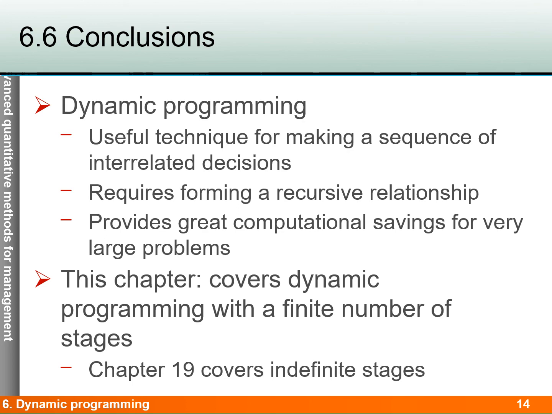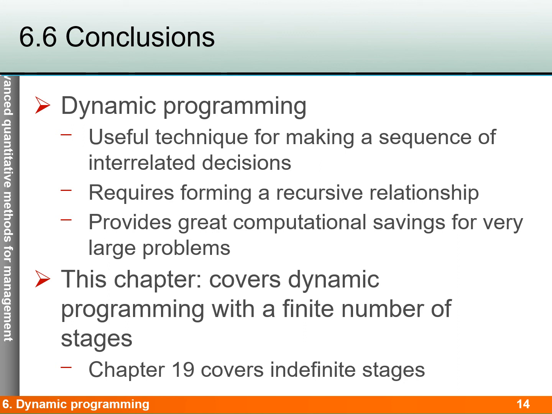So, as a conclusion, it's important to say that dynamic programming is a useful technique for making a sequence of interrelated decisions, as you saw in the different stages that we reviewed. Besides, it requires forming a recursive relationship, and provides great computational savings for very large problems.